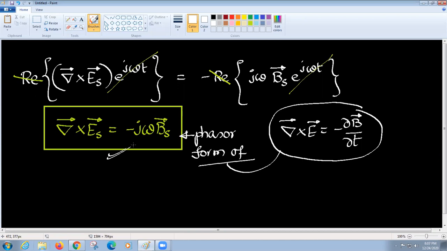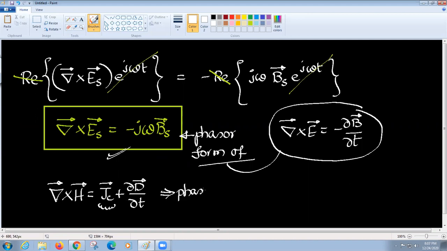Like that, you can also go with the other terms, like curl of H. What is curl of H here? Modified Ampere's law: curl of H is equal to Jc plus Jd, where Jd is the displacement current density and Jc is the conduction current density. According to Ohm's law, Jc is equal to sigma E. Now I want to convert this into phasor form.